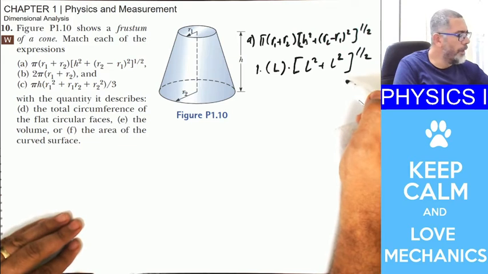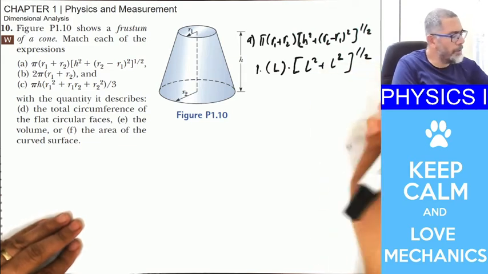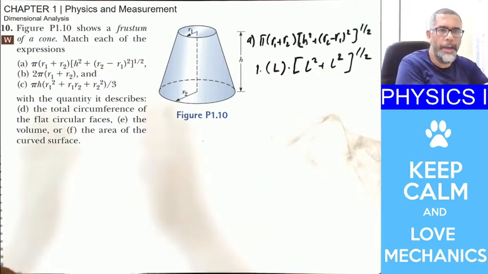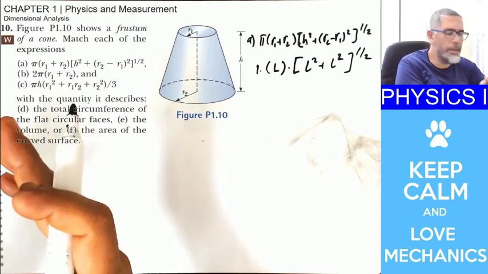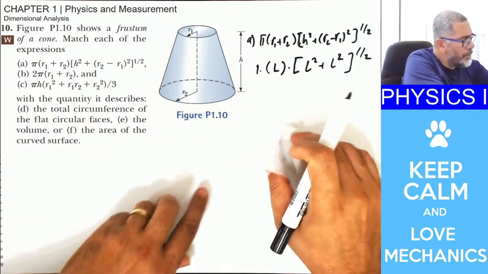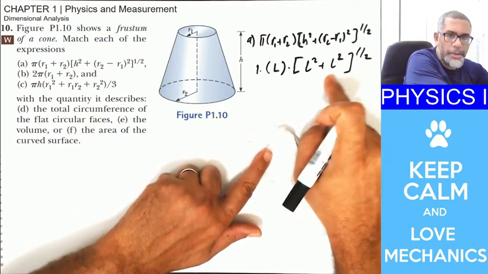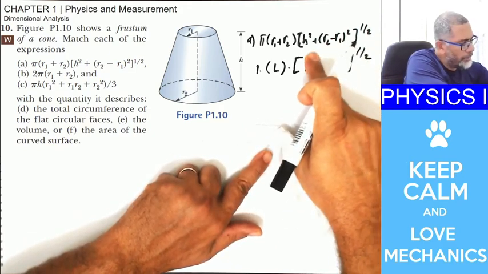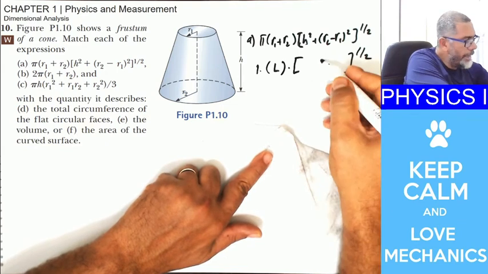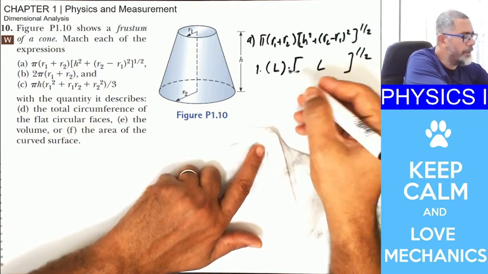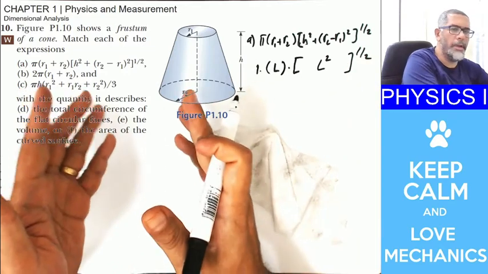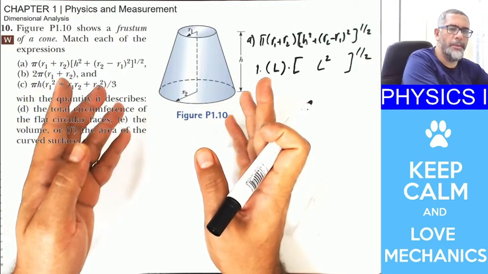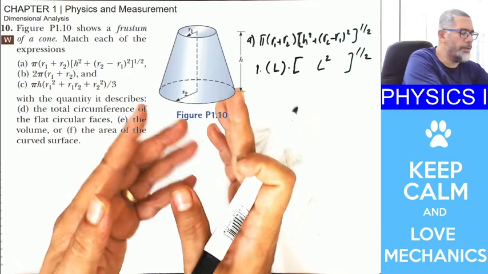Okay, so L square plus L square is nothing but L square, because if you add two dimensions which are the same, this is the dimension itself. So this summation is just L square. Remember, we are not adding some numbers, we are adding the dimensions. So when you see both expressions which have the same dimension, it's just one of them.